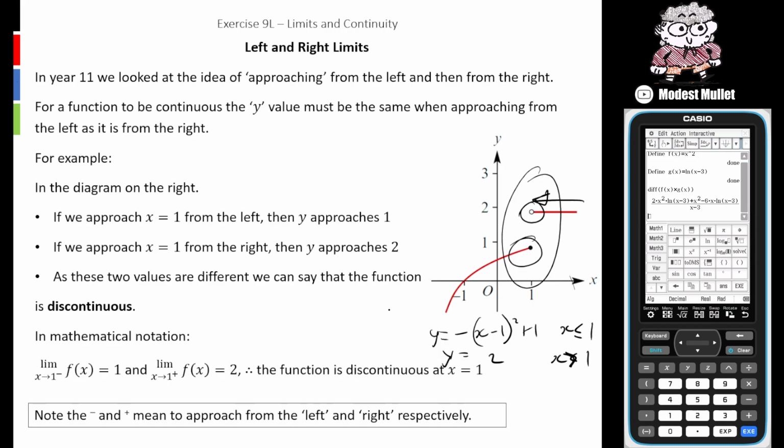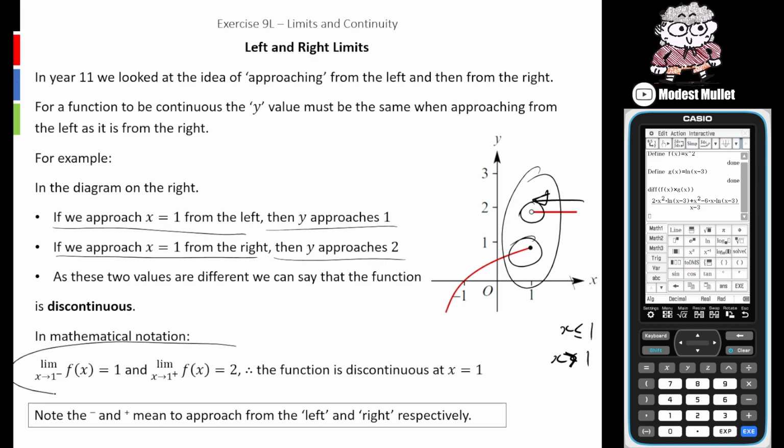Now the notation we use to talk about this, instead of having big written sentences going, if I approach from the left, y gets closer to 1, as I approach from the right, y approaches 2, is limit notation. And the big thing that we add in is these signs just here, a little superscript next to the 1.